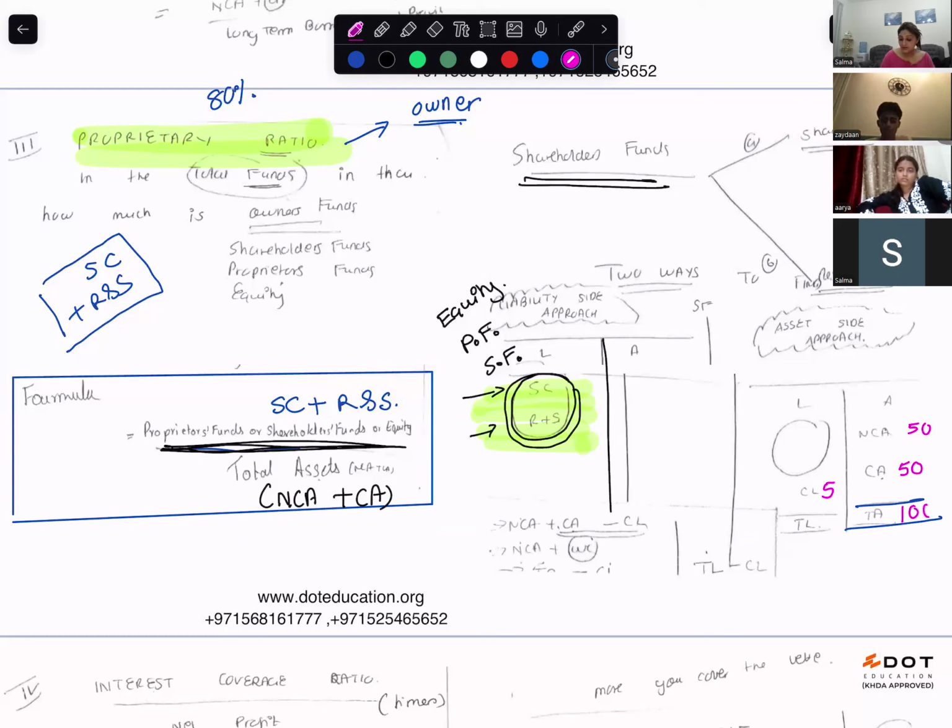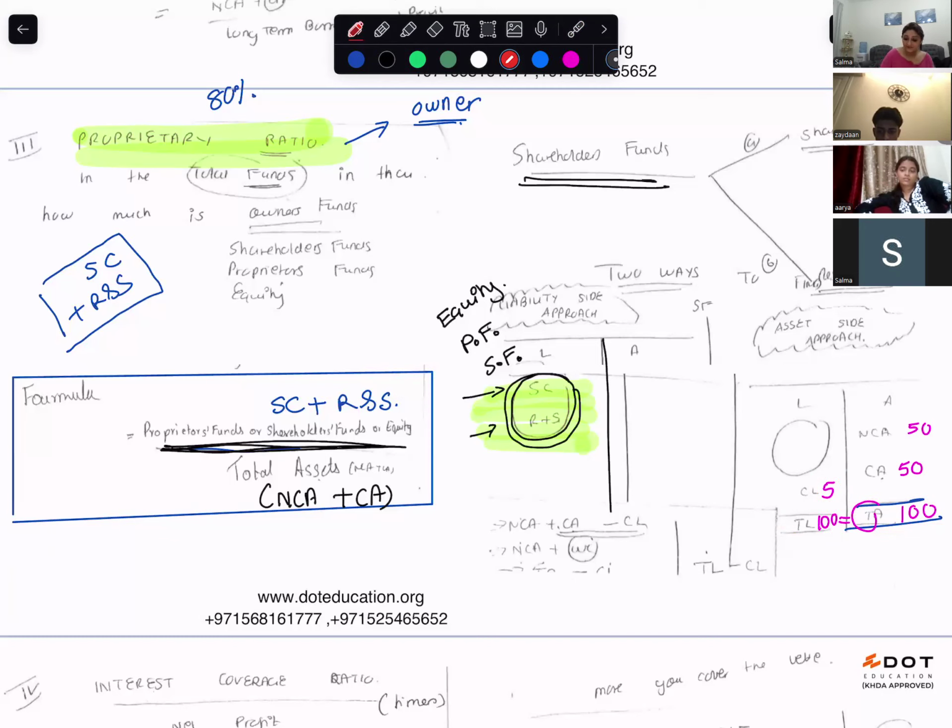Okay. Your total assets is always equal to your total liabilities. So if your total assets is 100, your total liabilities will also be 100. From that, if you minus your current liabilities, how much is your shareholders' funds?